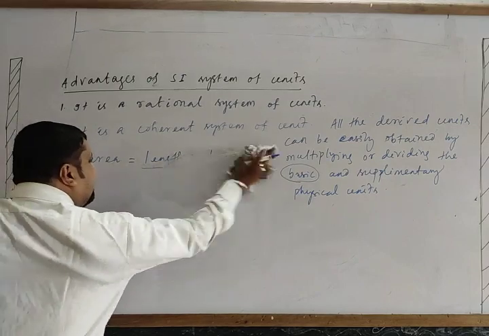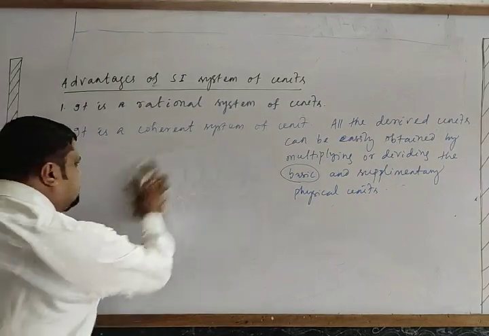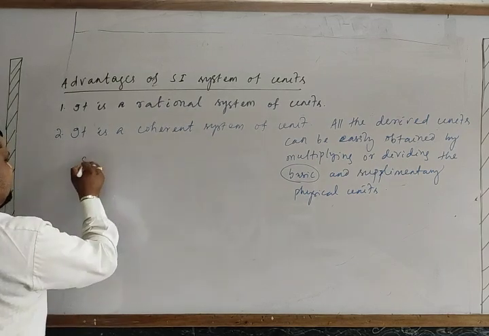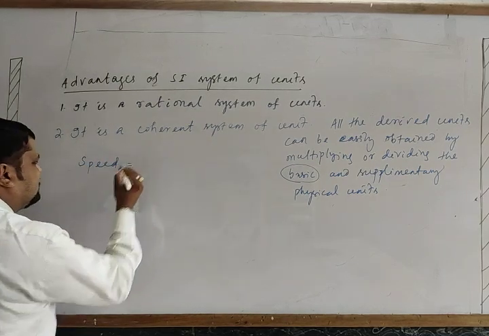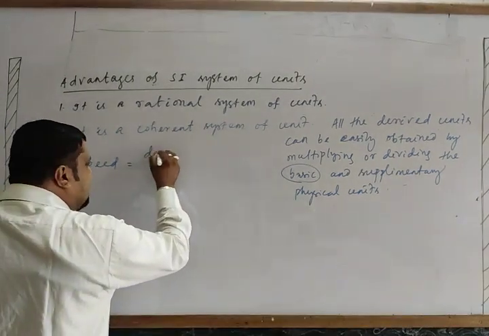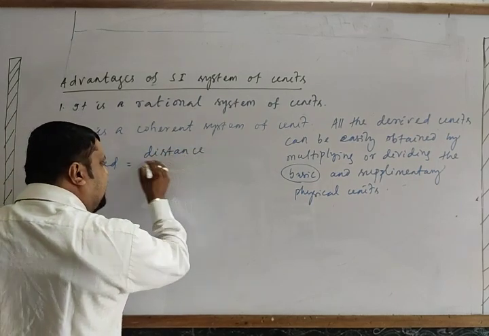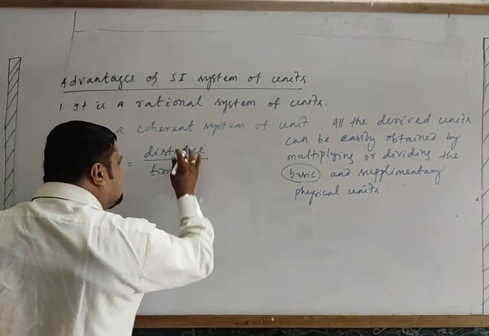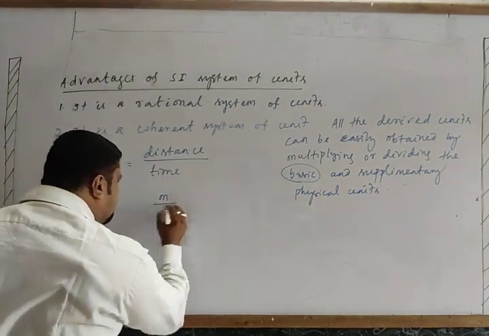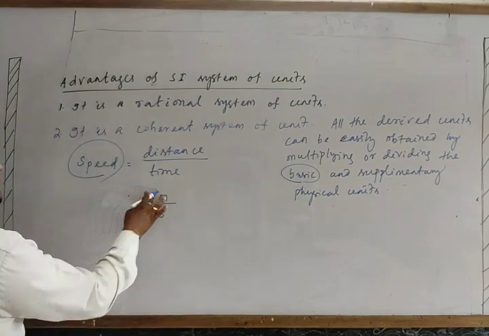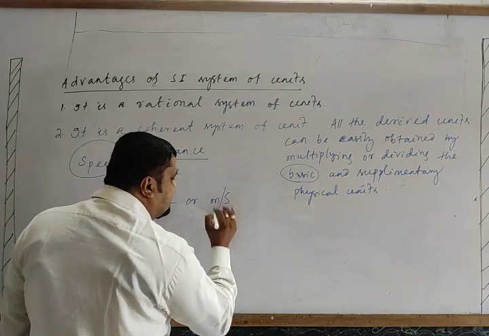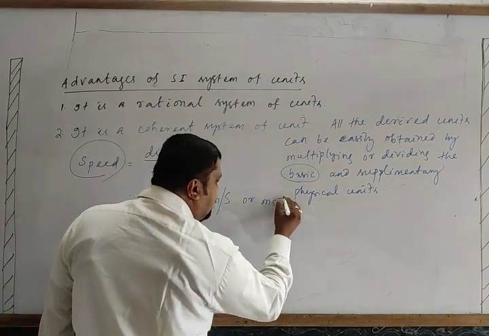Similarly, suppose I find the unit of speed. Speed is a derived unit and it depends on distance, which is a length, divided by time. So this is simply division. The unit of distance is meter and the unit of time is second, so the unit of speed is meter per second, or you can write meter second inverse.